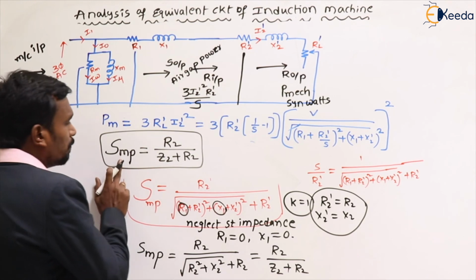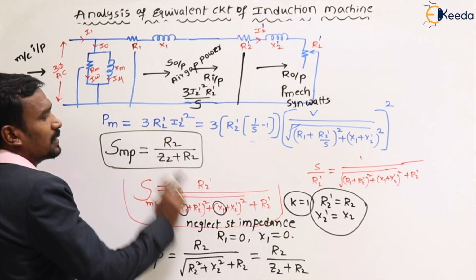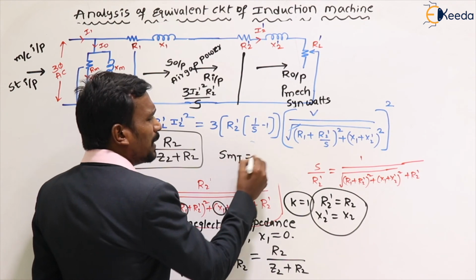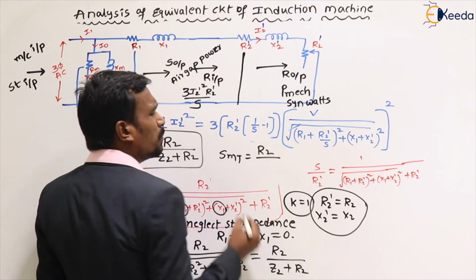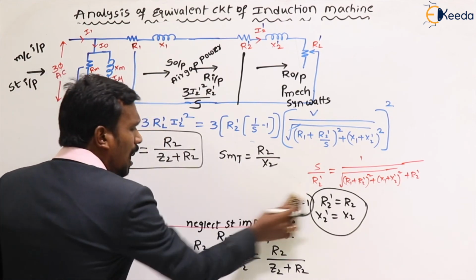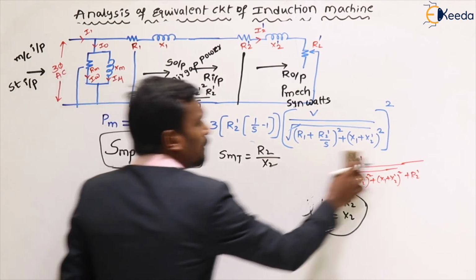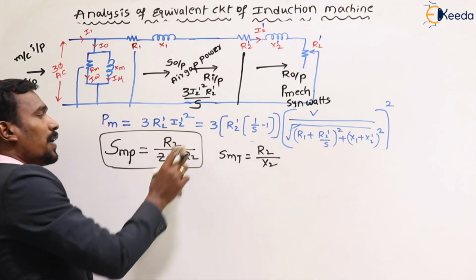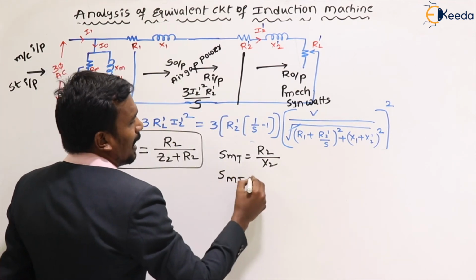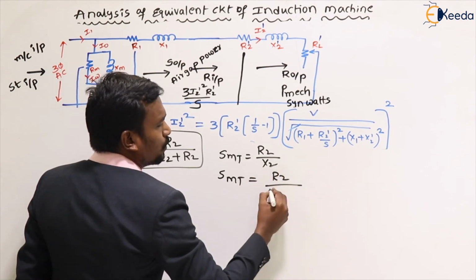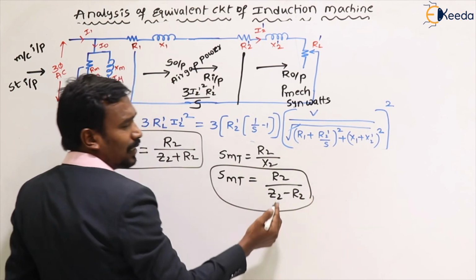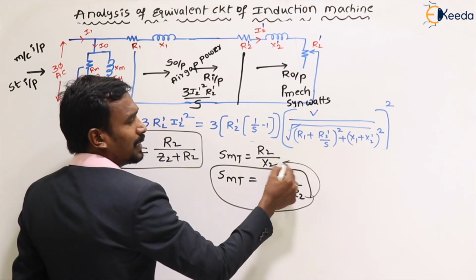Do you have an idea of the slip at maximum torque? Slip at maximum torque is R2 by X2, but slip at maximum power is R2 by Z2 plus R2. For easy understanding, I can write R2 by Z2 minus R2, since Z2 minus R2 is nothing but X2.